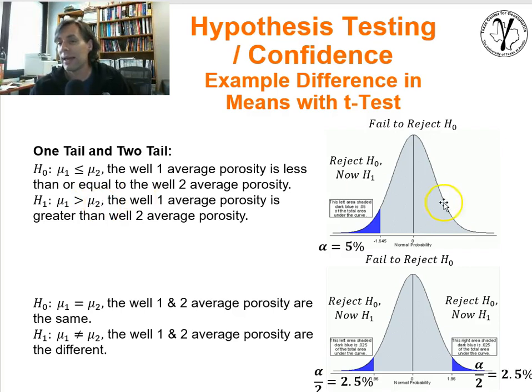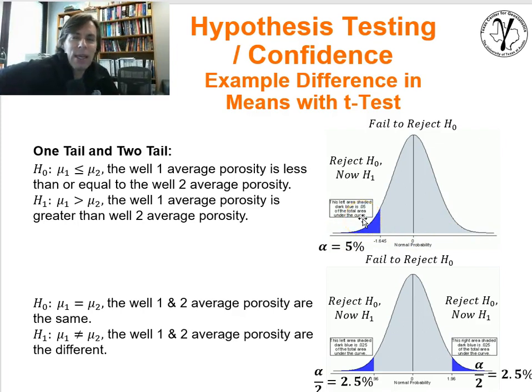So we're going to reject only if we're in this 5% area up here. I don't care if it's the other way around. I don't care, in fact, if mu2 is much larger than mu1. That's totally fine to me. I don't care if I end up way up here on the tail. It doesn't matter. I'm only rejecting this, so that would be a one-tail test.